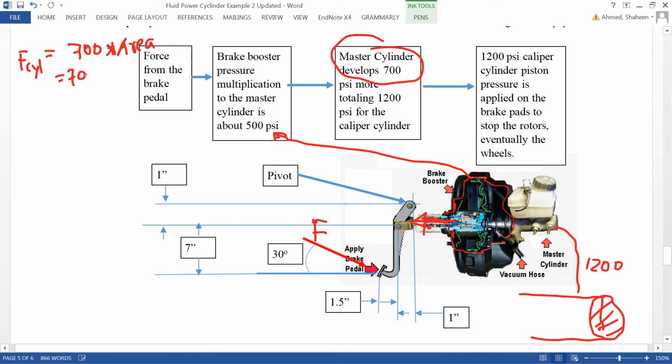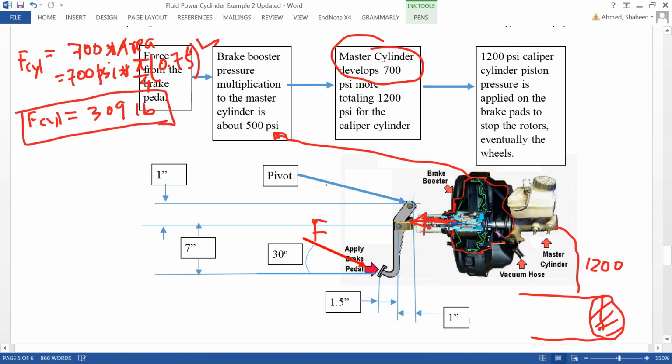So 700 psi times the area, which is pi by 4 d squared. The diameter of the master cylinder piston is given as 0.75. You can check that by going back to the video. So I have calculated that 309 pounds force is needed to develop that 700 psi.